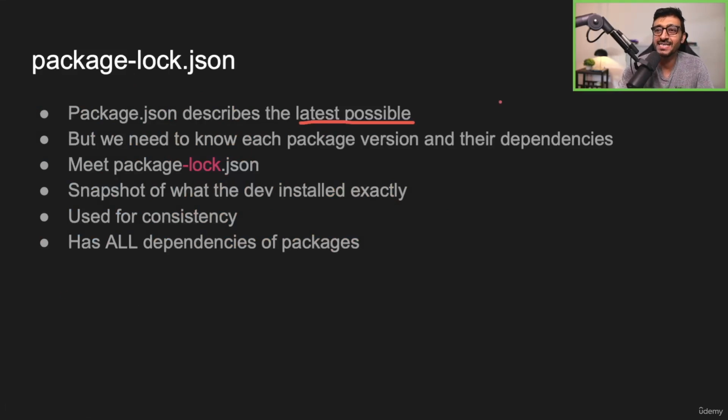And that's what it is. It's a snapshot of the installation. So package-lock.json includes every possible dependency of dependency, and no semantic versioning. They include the exact versions.